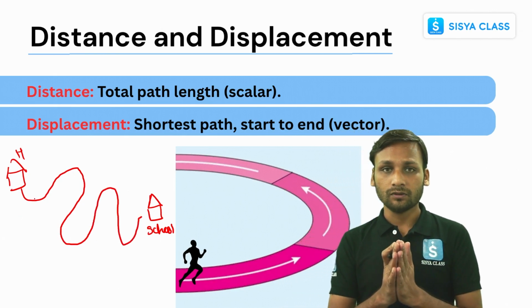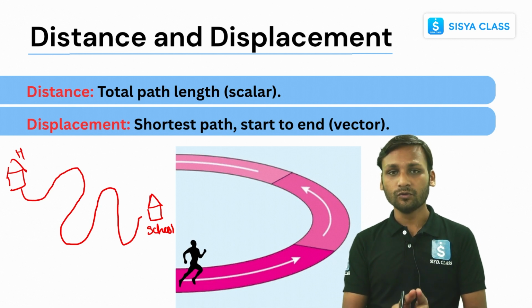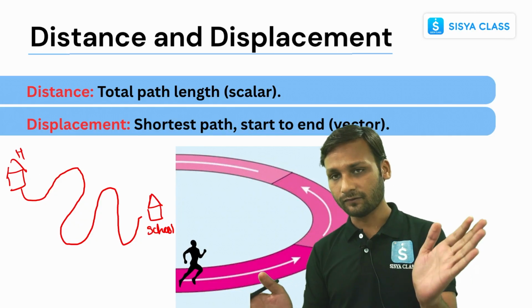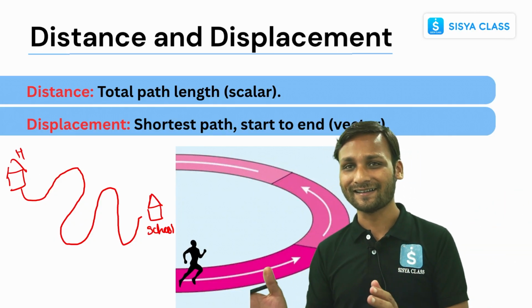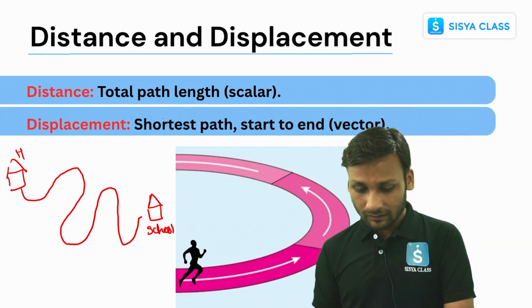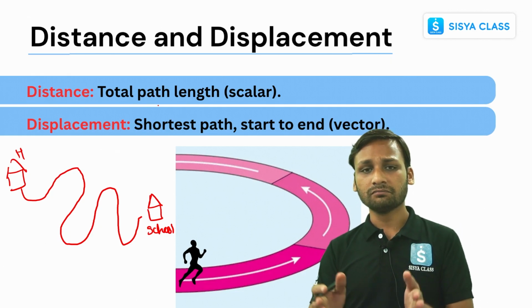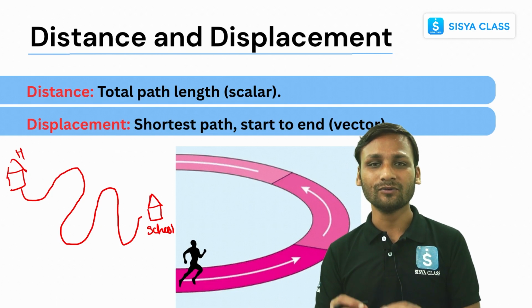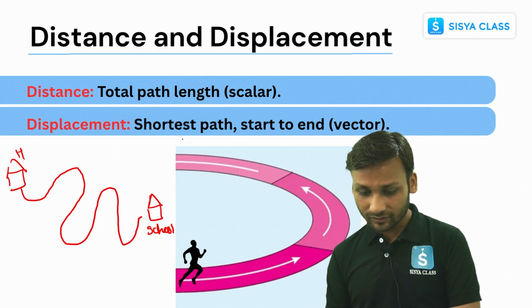So you started from your home and reached your school through the turns. First left, then right, left, then right, right? Okay. So this way, you have covered around, let's say, 500 meters. Means you have covered around half a kilometer. So this will be your distance.